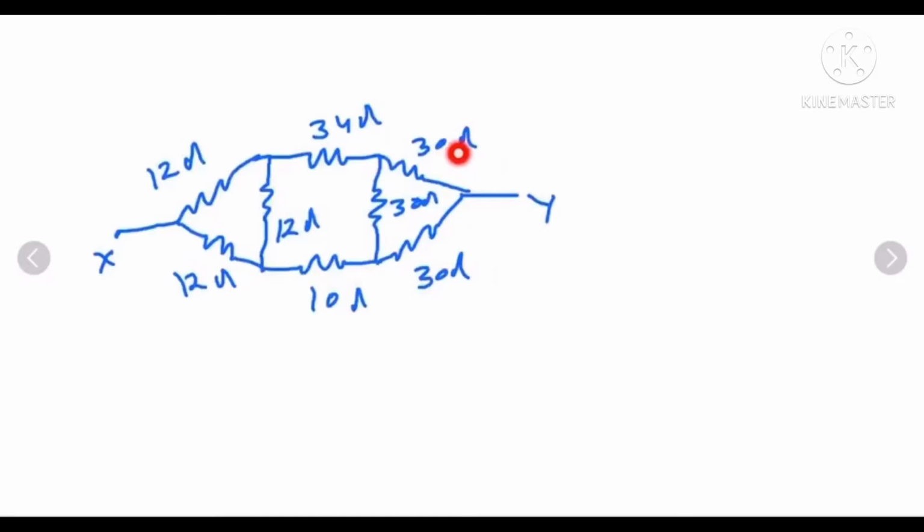So we will try to convert these deltas into star. Here I am doing it simultaneously, but if you want, you can do it one by one. That will be easy for you to understand the concept.